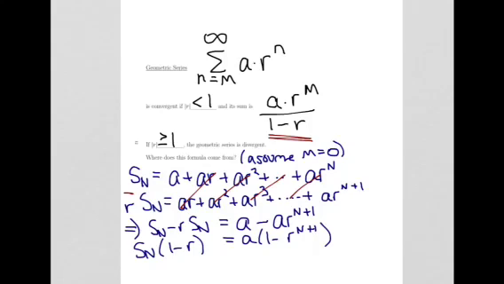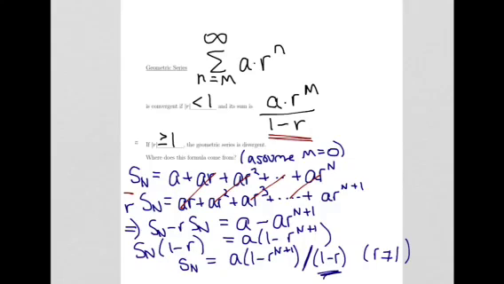If we were trying to find out what our Sn is equal to, Sn would therefore equal a times 1 minus r to the n plus 1 divided by 1 minus r. And that's all assuming that r is not equal to 1, because then we would be dividing by 0, and that would not be a good thing.